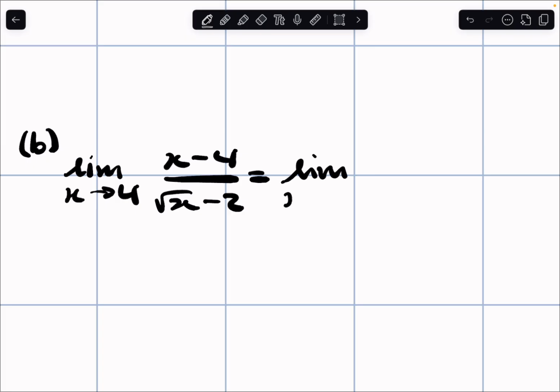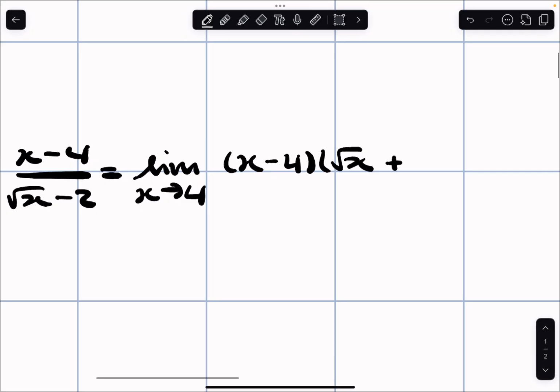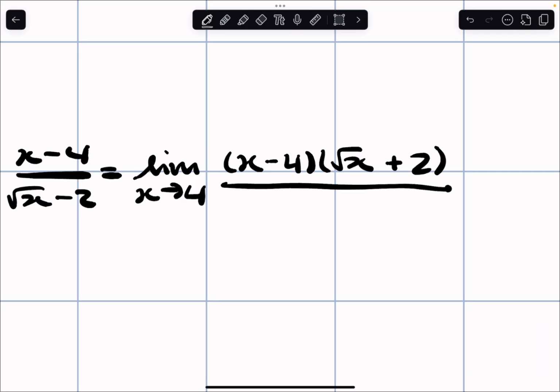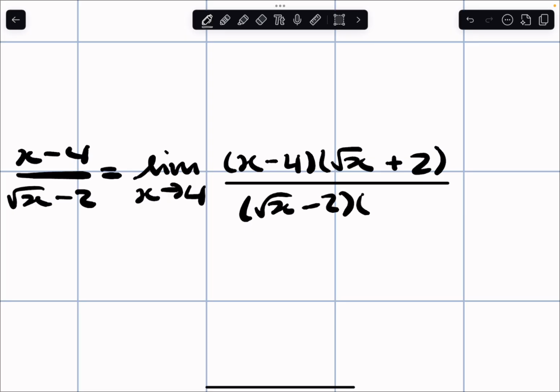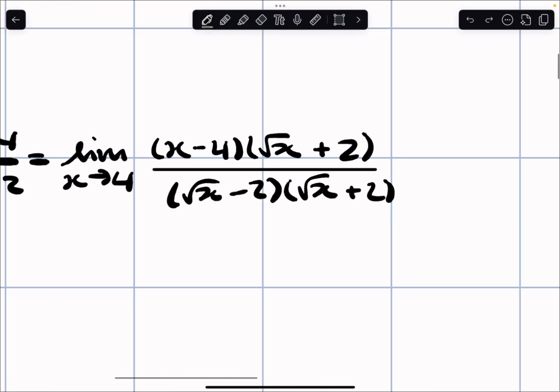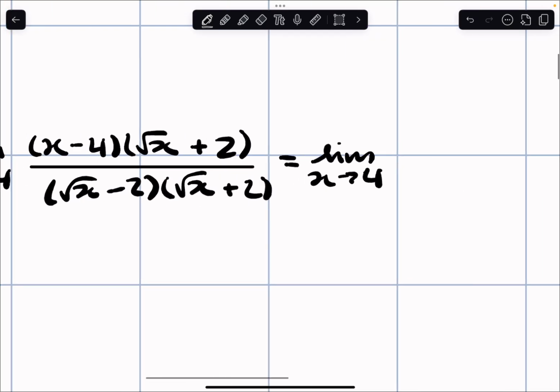We'll do the limit as x approaches 4 of x minus 4 times the square root of x plus 2, over the square root of x minus 2 times the square root of x plus 2. And as you see here, these are opposite signs. So then we'll multiply the bottom out, or the denominator, and we'll keep the numerator the same.